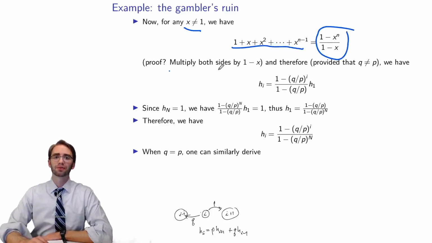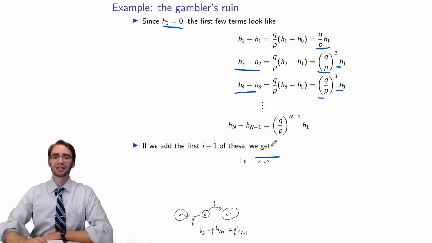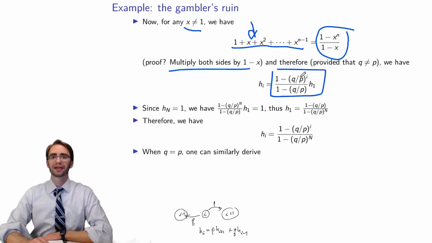I'm going to prove it by multiplying both sides by 1 minus x. Provided that Q is not equal to P, this gives us an analytic expression for this summation. So if I plug in the case x equals Q on P, which is what's popping up over here, the thing that you find is that H sub I is equal to 1 minus Q on P to the I over 1 minus Q on P, times H1.